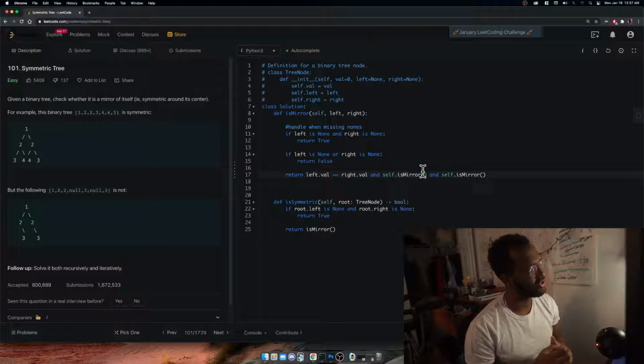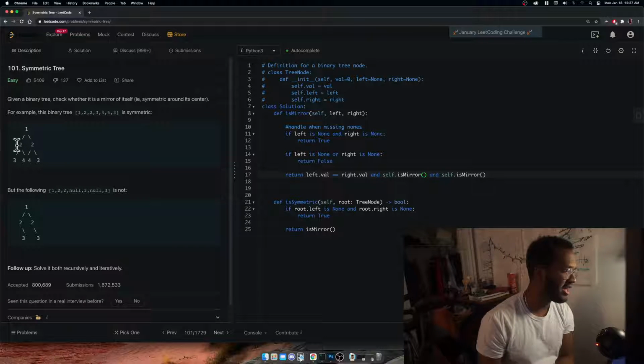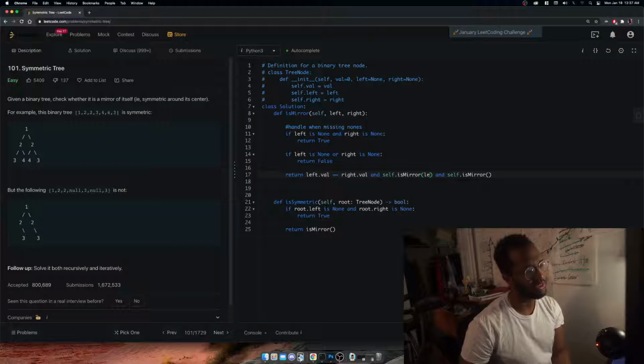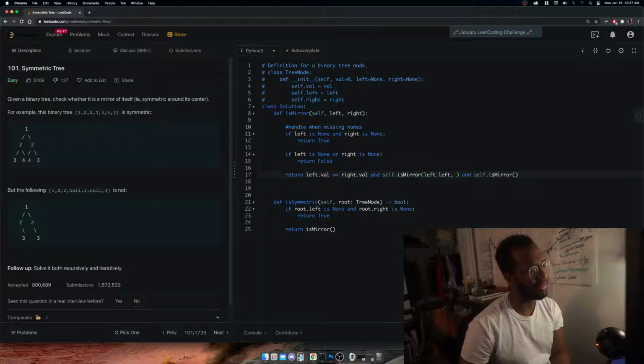To literally write what we said, a tree is symmetrical when the left node of the left node of the node that we're at, so left.left, is equivalent to the right node's right node. So we can write that here.